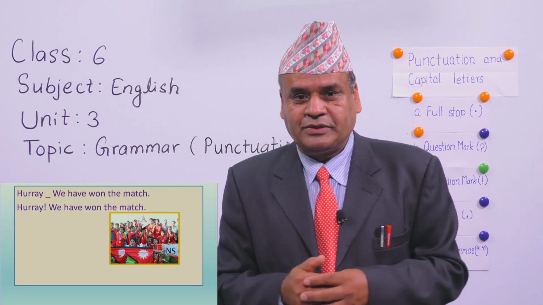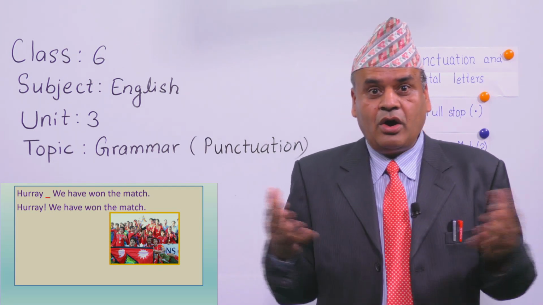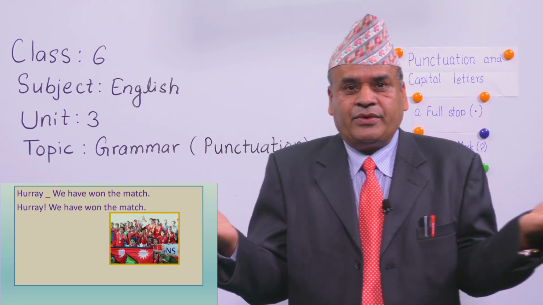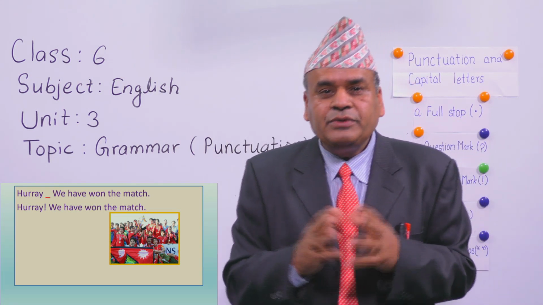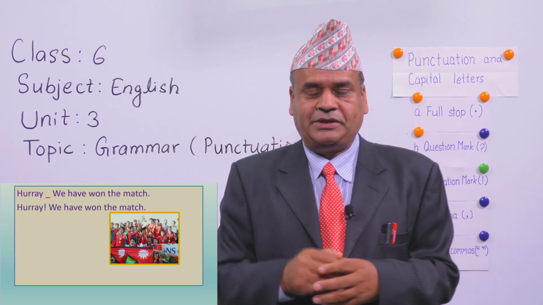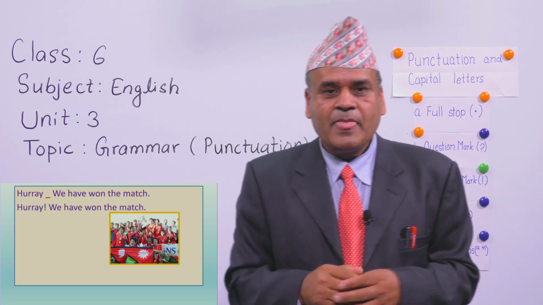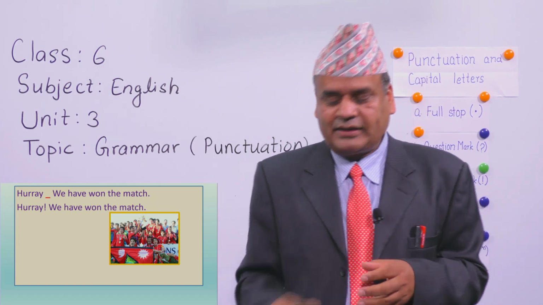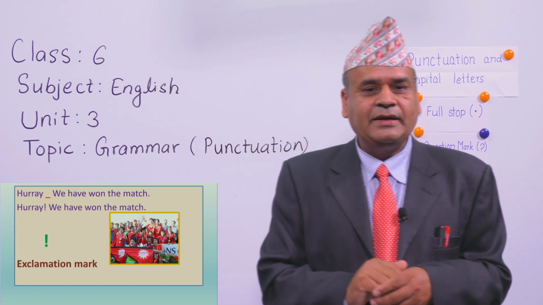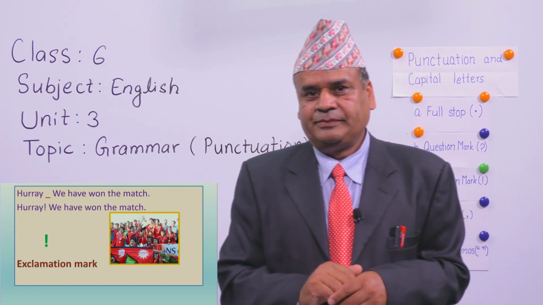Sign of exclamation, right? Oh, wow, alas, hooray. When we use such exclamations, we give certain marks with the sentences. So, that is called an exclamation mark, okay? You can see in the picture, this is called an exclamation mark.